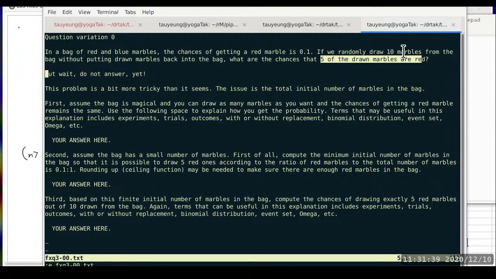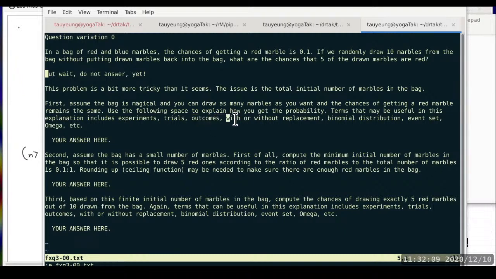Okay, so let's use all of these terms to think about what we are processing here. Each experiment in this case is to draw 10 marbles. So that means there are 10 trials per experiment. The outcome of each trial is either red or blue because we are drawing marbles out of a bag that has red and blue marbles.